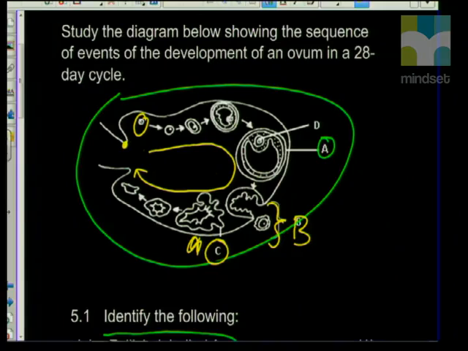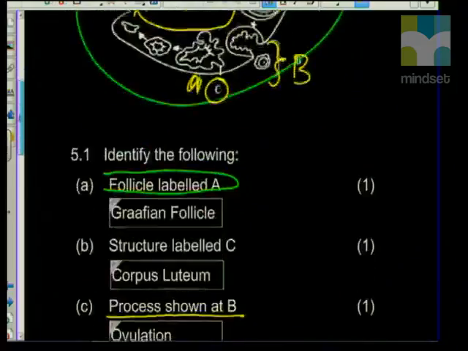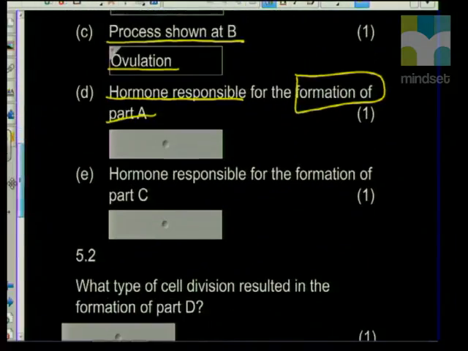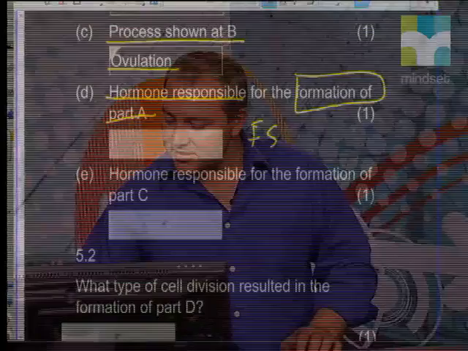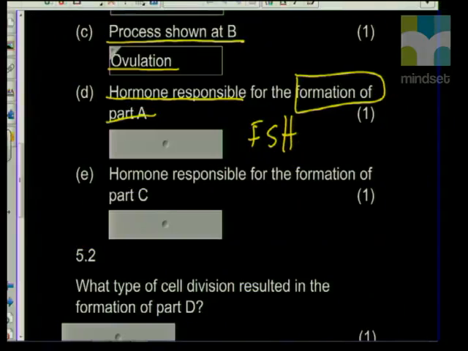The hormone works on here to make the small little one. If we have a look at it, that's called the Graafian follicle, the big one. So what type of hormone? Follicle stimulating hormone, FSH. Nice and easy. We're getting there. There's no worries.